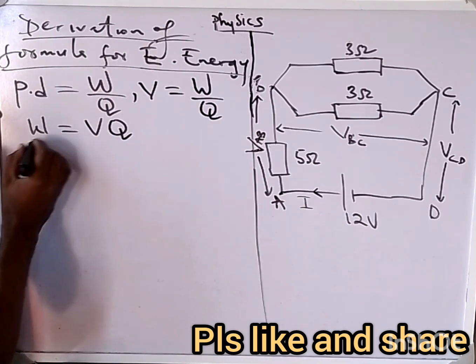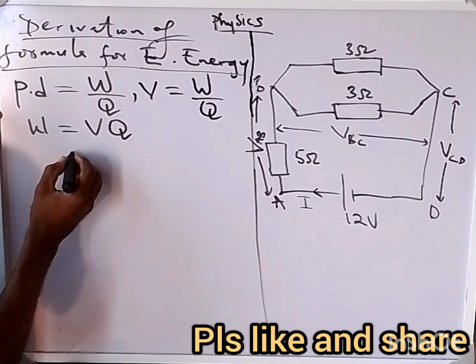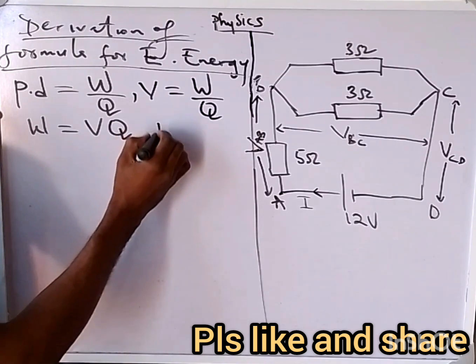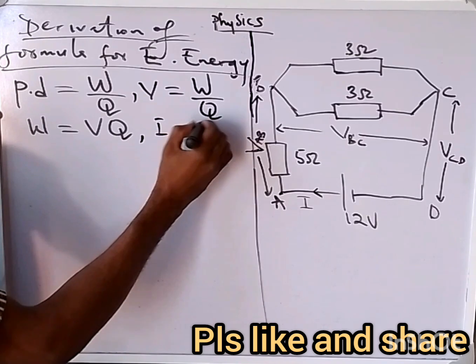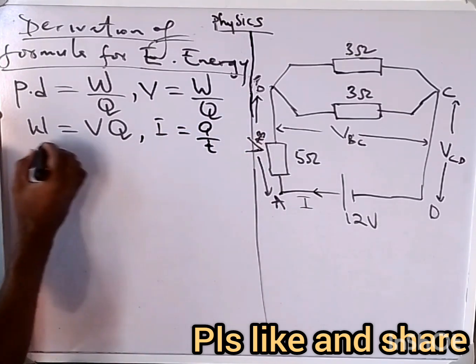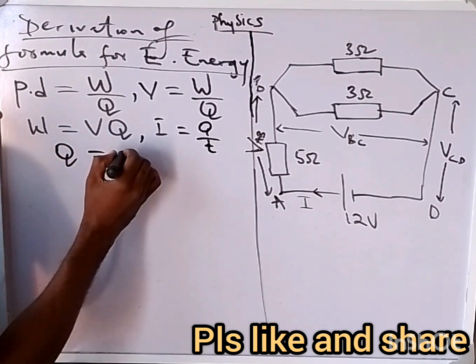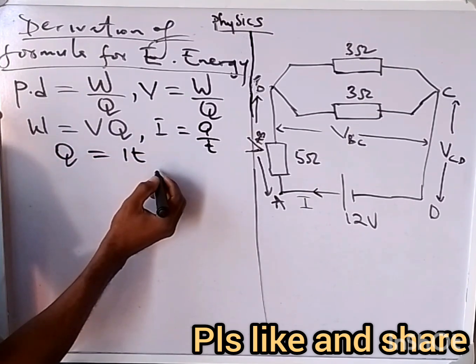Then remember that from the definition of current, we say that current is equal to Q over T. So if I make Q the subject, I'm going to say that Q is equal to IT. Do you understand?